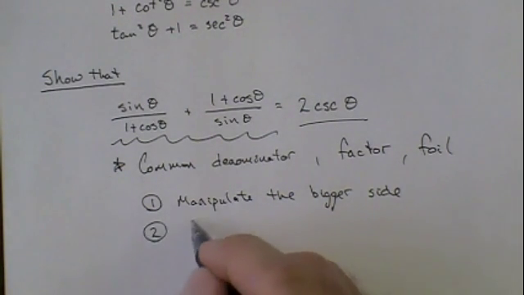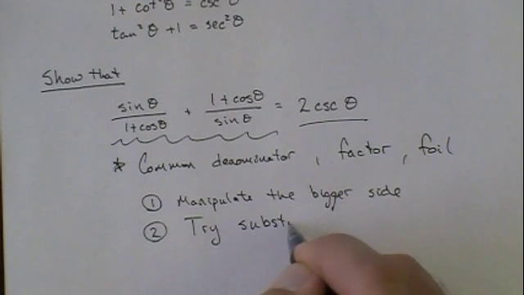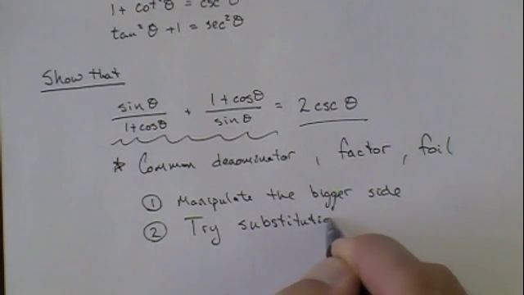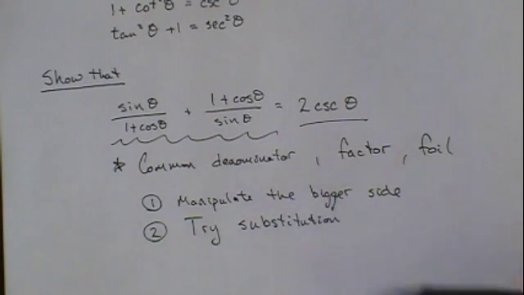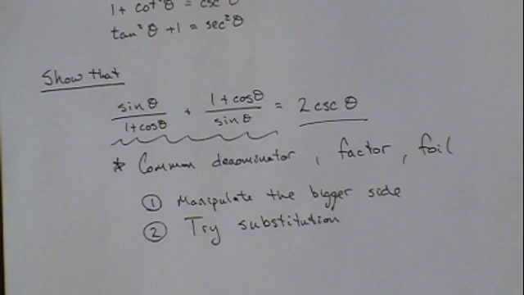One of the steps is to try to use substitution. If there's something that you know is equal to another value, plug it in there and see if you can manipulate and make them equal to each other. And the biggest thing, once we get going with this, is we can try substitution, and then after that you want to try again, and try again, and try again, and be persistent.